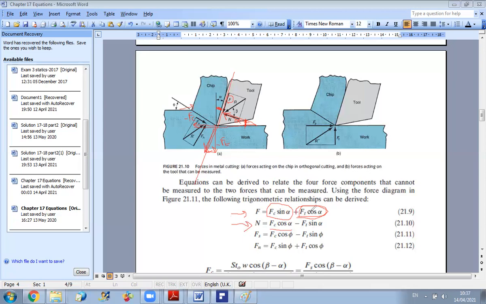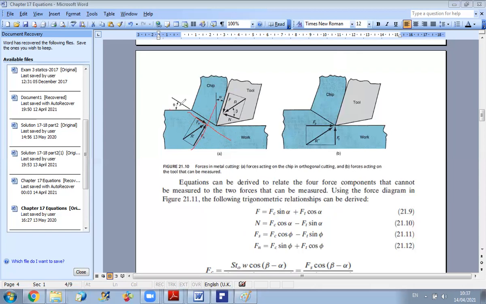Now I repeat the same procedure, but for the shear and normal forces. It's the same idea: because I have two equal forces, I can project the components on any line I want, and now I will choose to decompose on these directions, Fs and Fn. In order to relate Fs and Fn, I will project the components along the Fs line and along the Fn line.